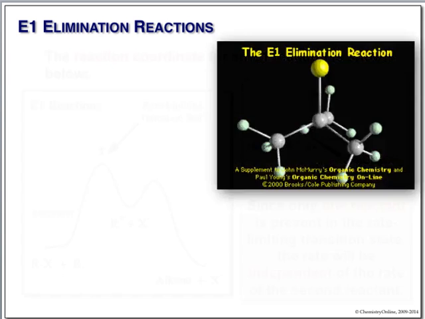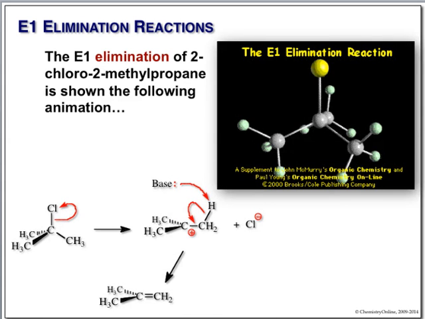Let's look at one more movie. Here we have our tert-butyl chloride. What's going to happen is chlorine's going to leave, give the carbocation. Now we're going to yank off the hydrogen to give our alkene.